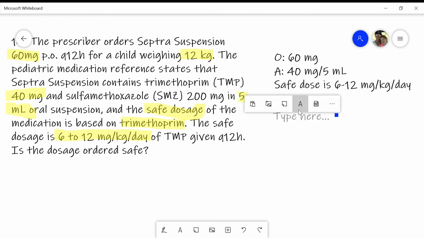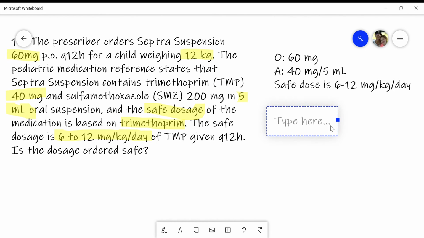Let's start on the low end of our safe dose. We're going to do 6 milligrams per kilogram per day, and we're going to multiply it by the kilograms. Our child is 12 kilograms. So 6 times 12 is going to be 72.